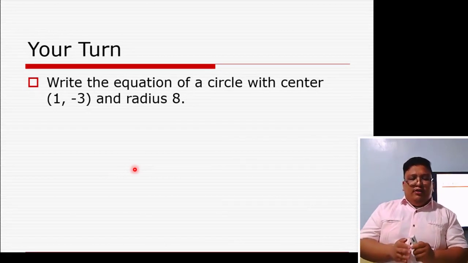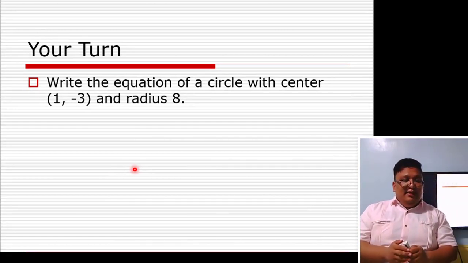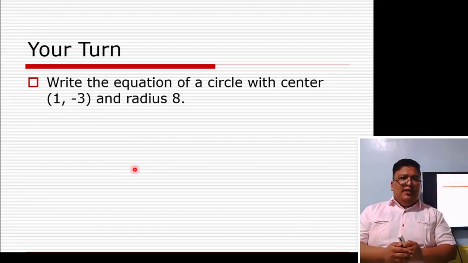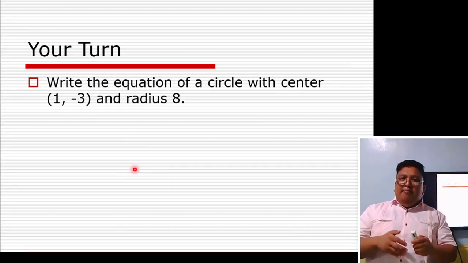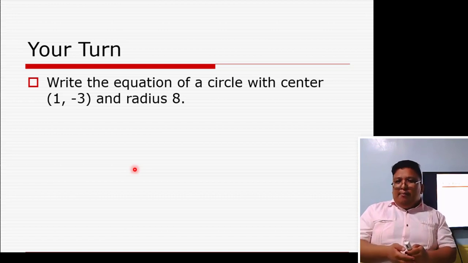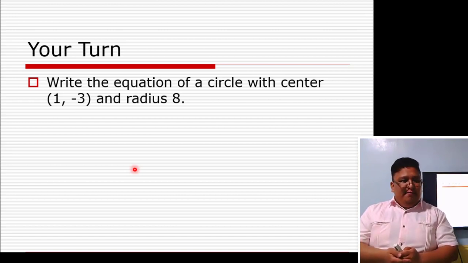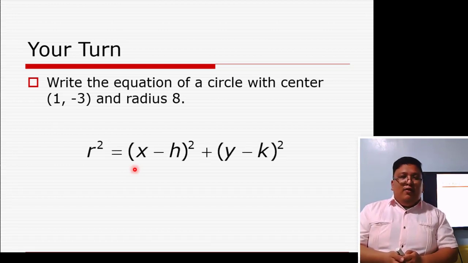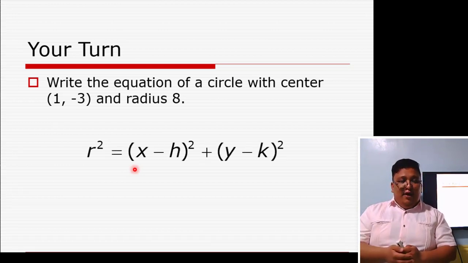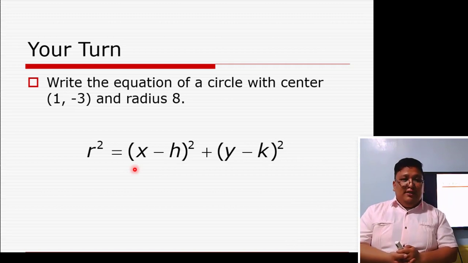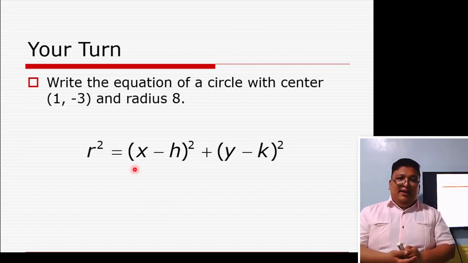Write the equation of a circle with center (1, negative 3) and radius 8. We're just going to repeat the same method we did from the previous example. Okay. What's the first thing? Write the equation, or the general equation of the circle. After that, plug in the necessary data.